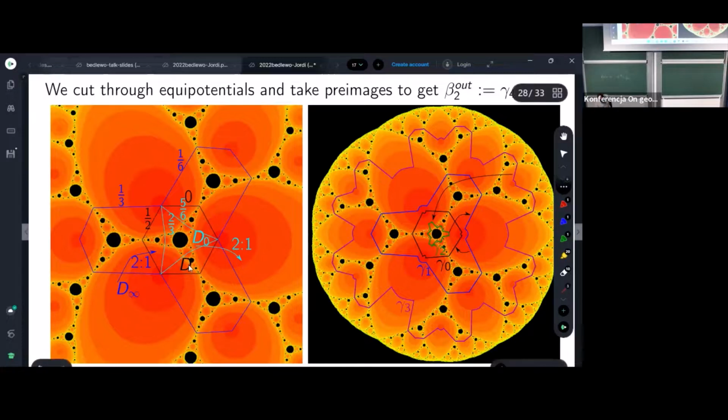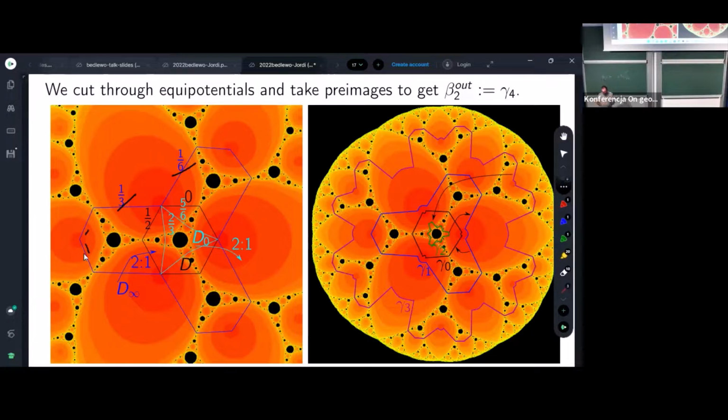If you consider the preimage of this black disk, the disk bounded by gamma, I'm going to have this region D infinity, which essentially consists of the curves of the external rays of angle 1/3 and 1/6, which are the external rays which are mapped to angles 0 and 1/2, plus preimages in other connected components of the basin of attraction.